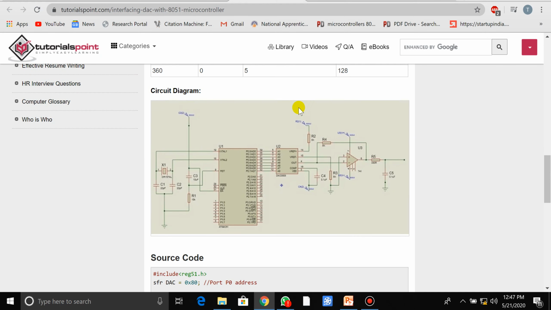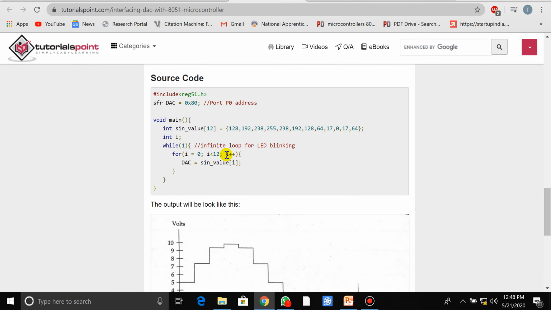So this is the exact implementation of DAC with a microcontroller. This is the amplifier, and this is the output which is fed to the CRO. The same program which we are using in our lab, you can have a look. The video I already shared.